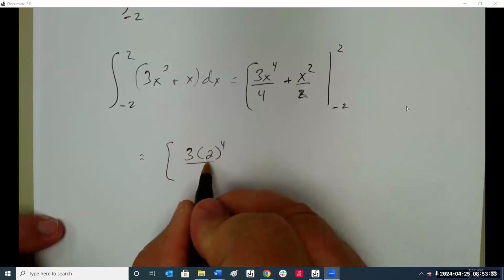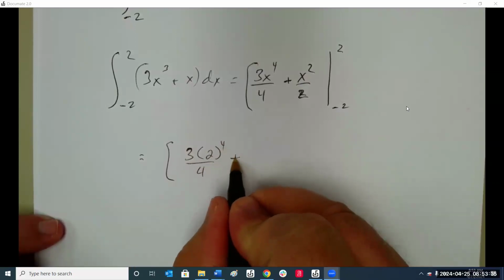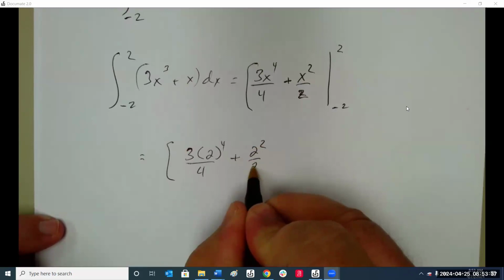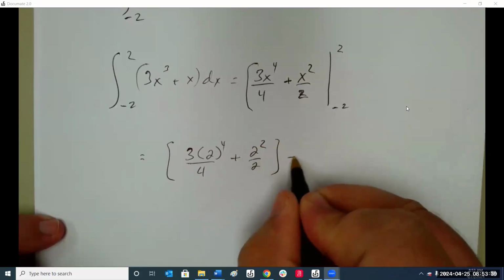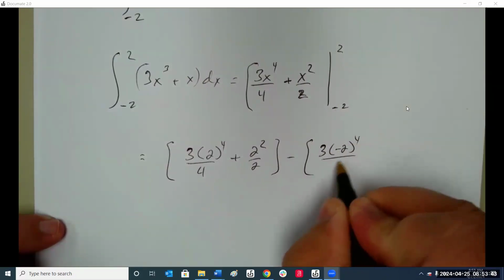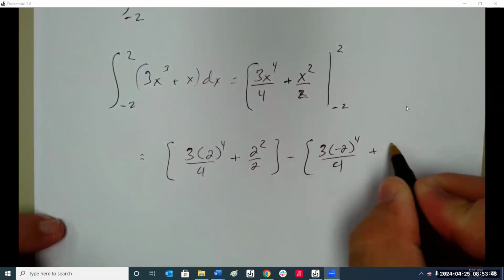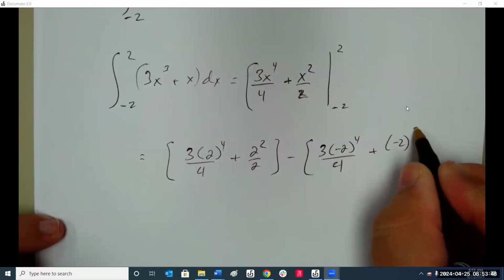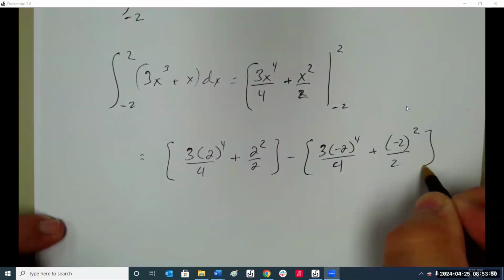Then 3 times 2 to the 4th over 4 plus 2 squared over 2, minus -2 to the 4th over 4 plus -2 squared over 2.